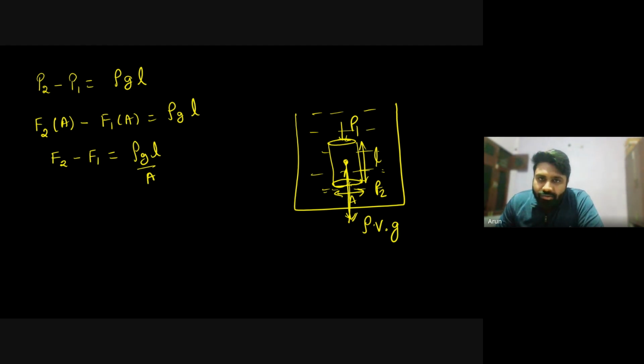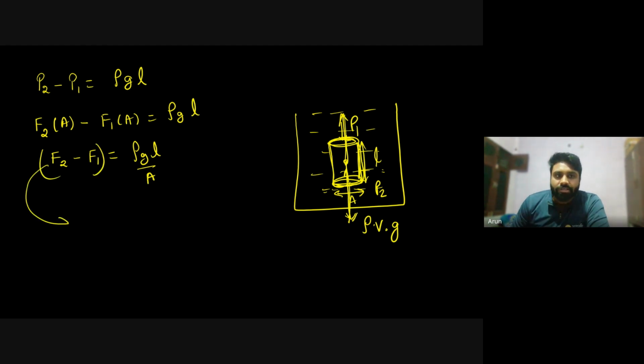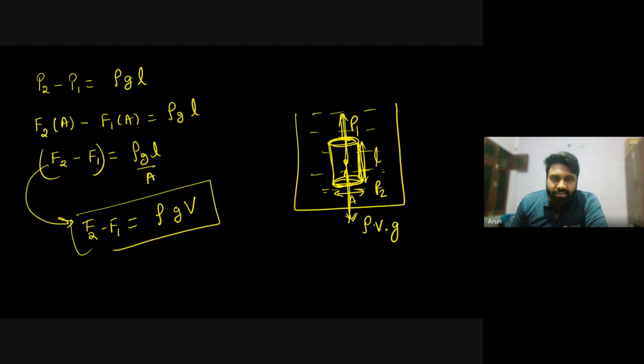This is the weight of this cylinder acting in the downward direction. To compensate that, we have a pressure difference rho g L. So we can equate these forces, F2 minus F1, with rho g into V. This V here is the volume of the cylinder we have taken, so it is the submerged volume of the cylinder.